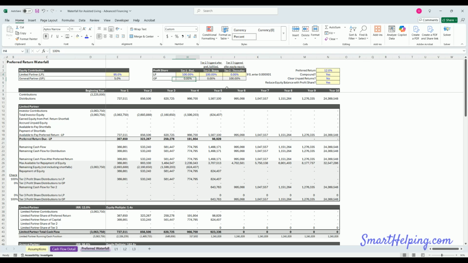Now if we put this pari passu, let me see if this still equals this. No, it doesn't, so it's slightly different. And if we went 95 here, let's see. No, okay, it's barely different. So for all intents and purposes, it's still going to match the pref here.